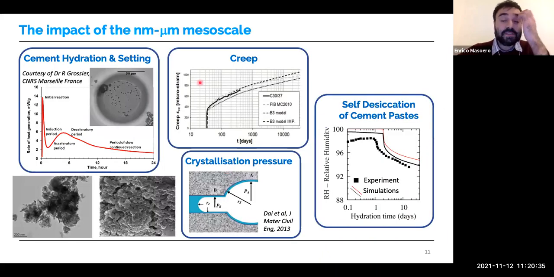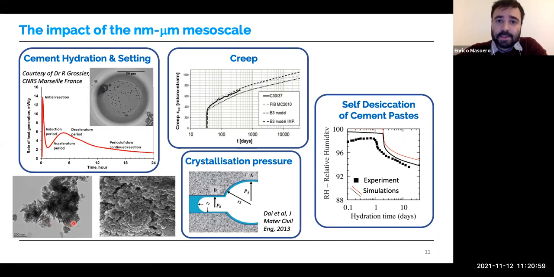So in the specific case of concrete, the range of length scale that I find particularly important is the nanometer to micrometer. And the reason for that is that many processes do take place at those scales. For instance, hydration processes, where cement precipitates and crystals precipitate and dissolve, is typically a microstructural level process.